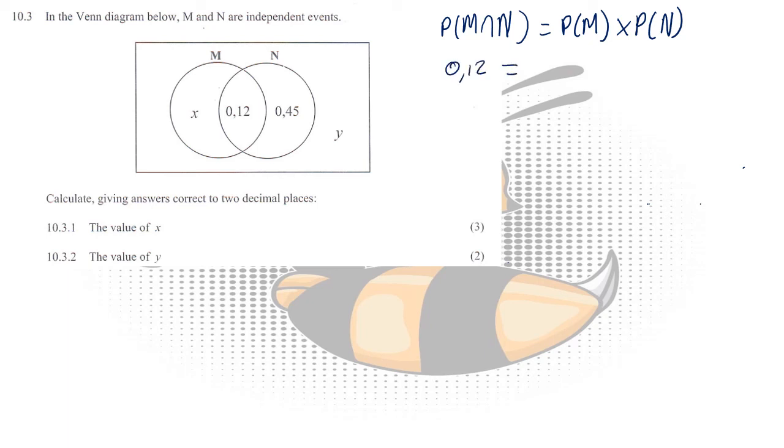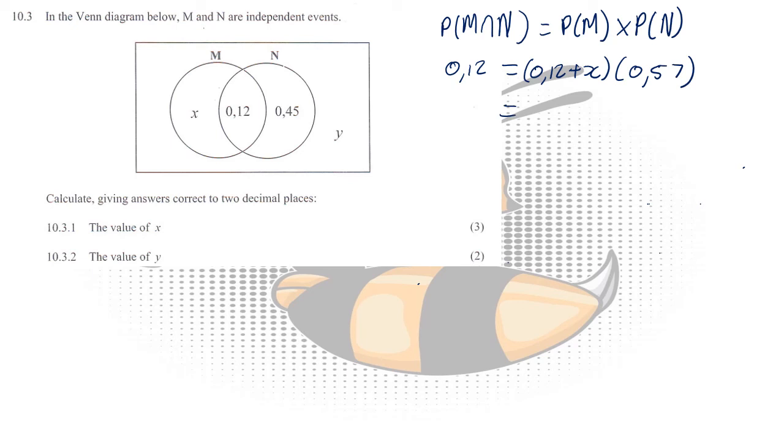Then the probability of picking M would be the 0.12 plus this X, and then times the probability that N occurs, which would be the 0.12 plus the 0.45, which would give me 0.57.